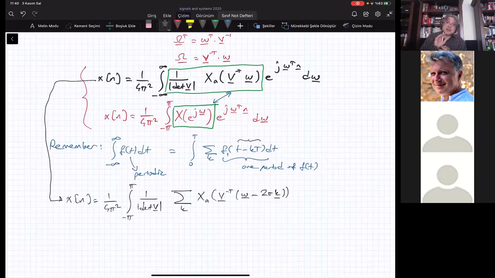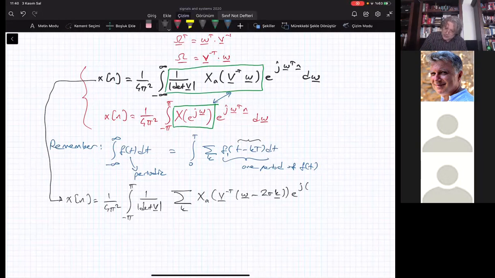It's a periodic replication, of course, in 2 dimensions, because the integral symbol itself is not a one-dimensional integral, it's a 2-dimensional integral. I'm just writing it as if there's a one-dimensional integral, but it's just a notation. And the same also applies to the omega at the exponential, e to the j.